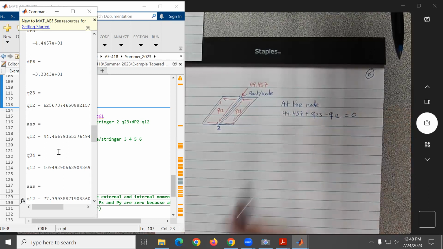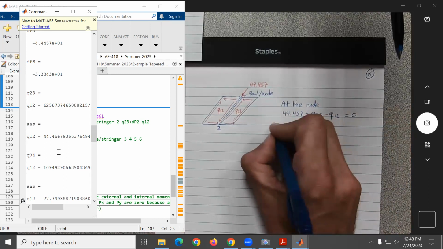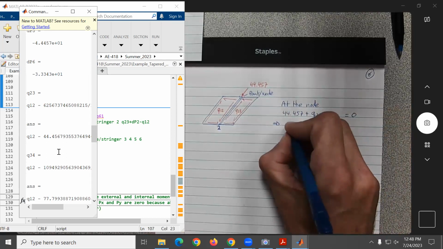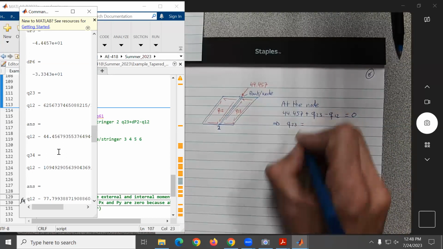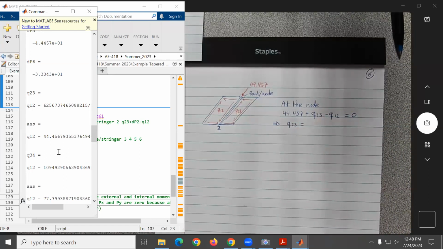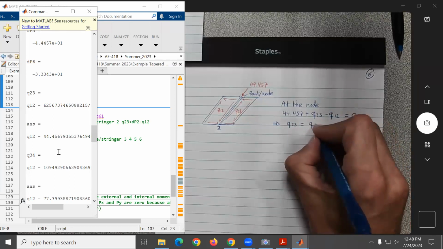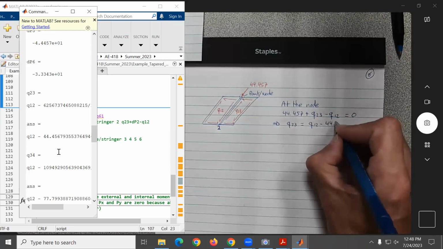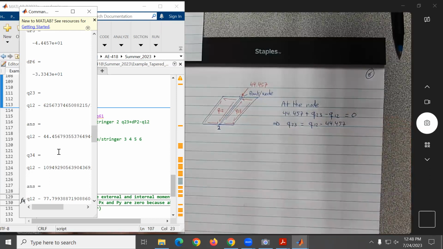So basically you do summation of forces at the node. So now you can rewrite this. You can write Q23 as being equal to Q12 minus 44.457.